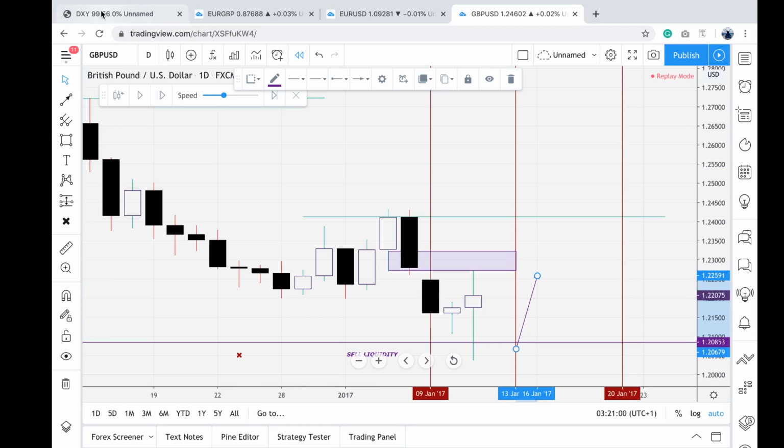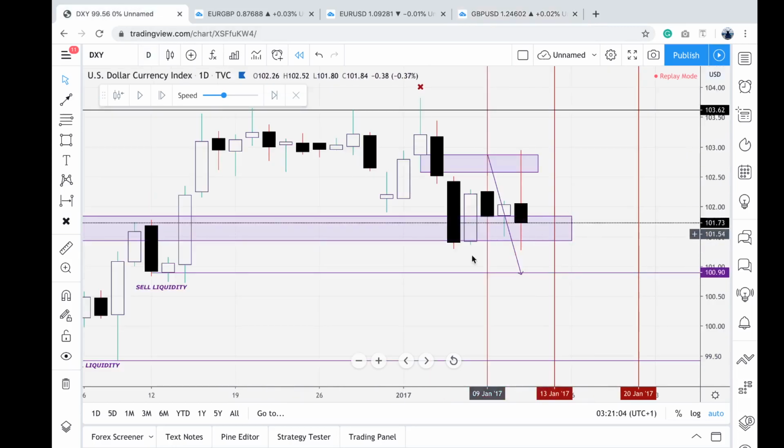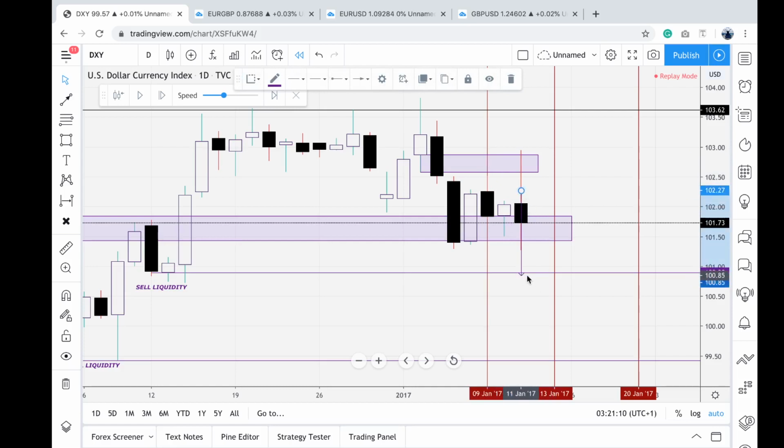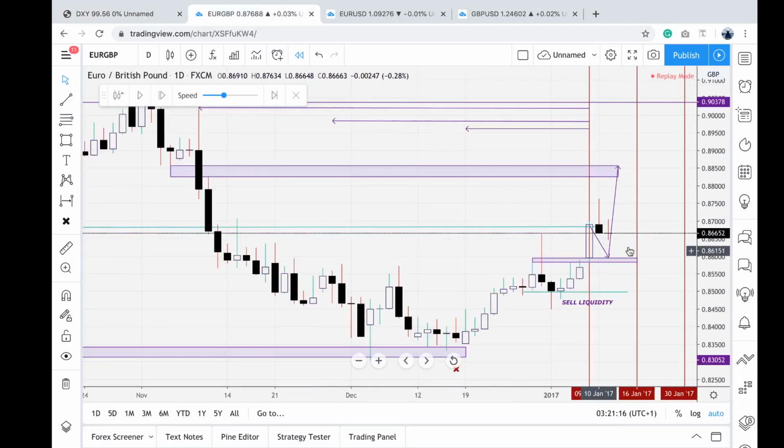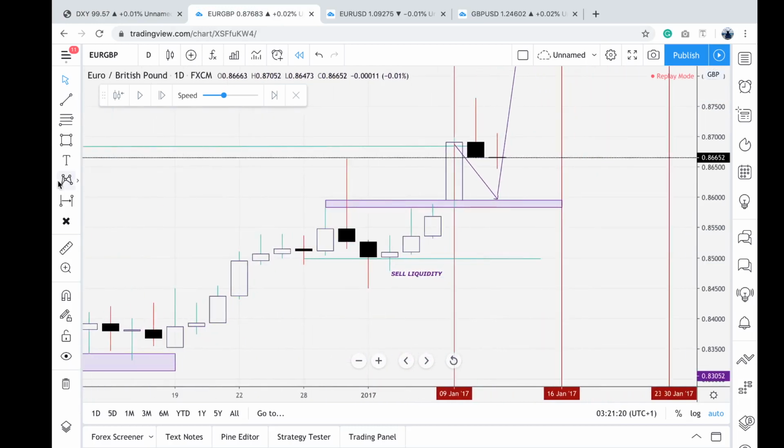Okay, so now we can anticipate a continuation of sells going into Thursday to reach 100.90 as our overall sell side target on the DXY. And for the euro pound, we could potentially see bullishness from this level, as this candlestick's high is providing some form of support for price.